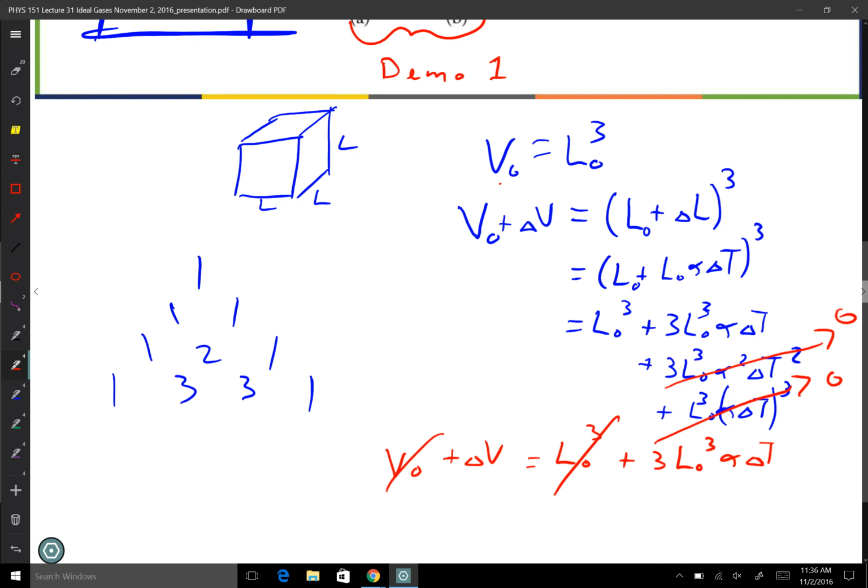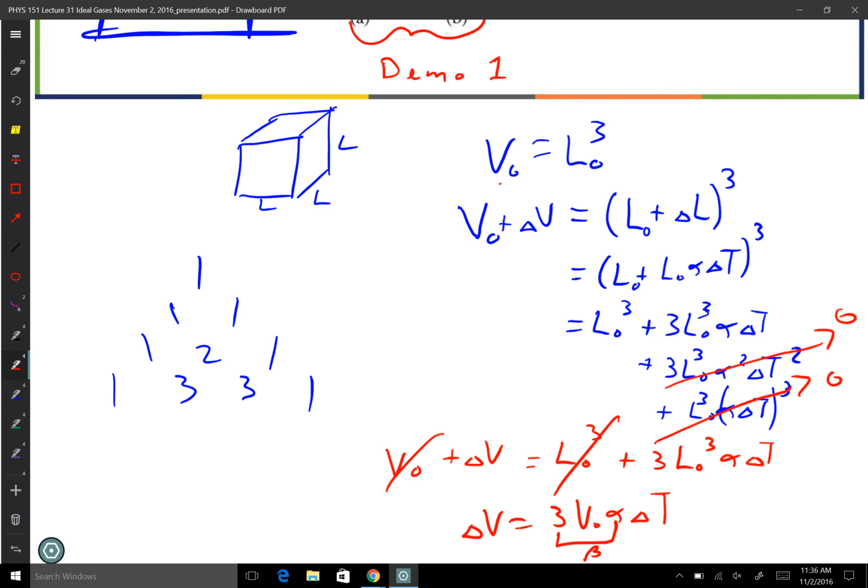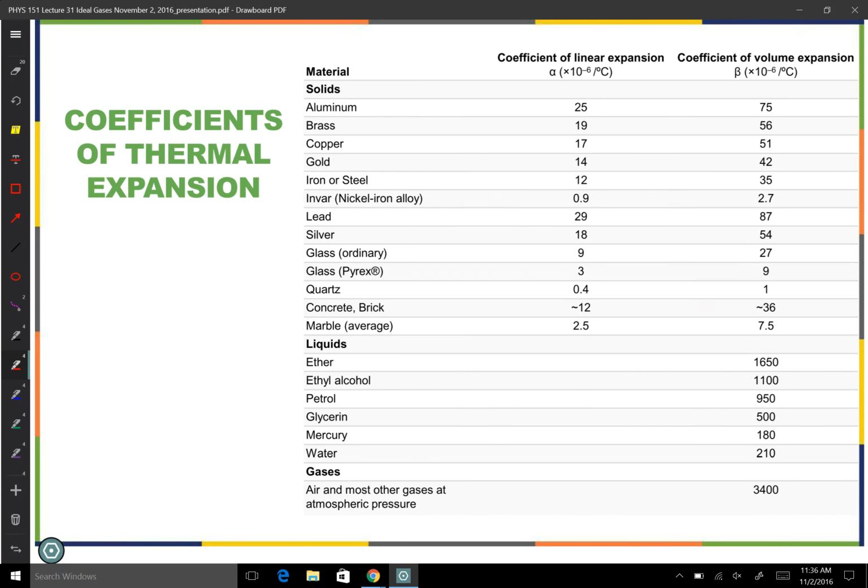And I have delta V is 3 L naught cubed, which is V naught alpha delta T, capital T. And so those together make beta 3 alpha. So it's really easy to see how that comes about. So here is a listing of those parameters, but let's go and do our first fun thing.